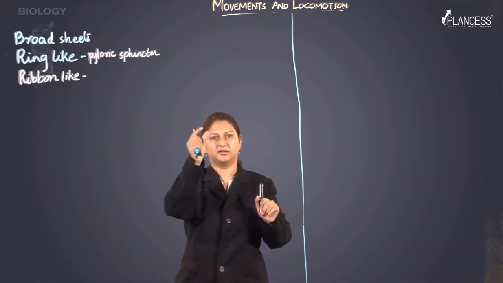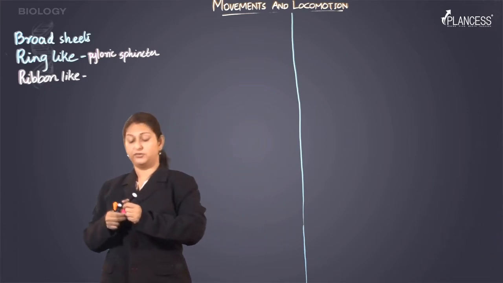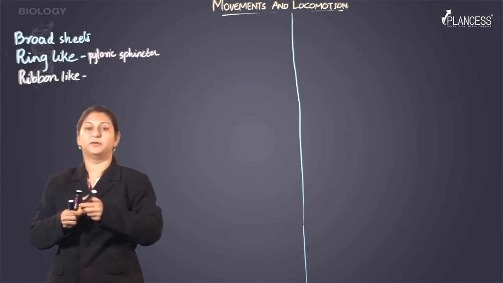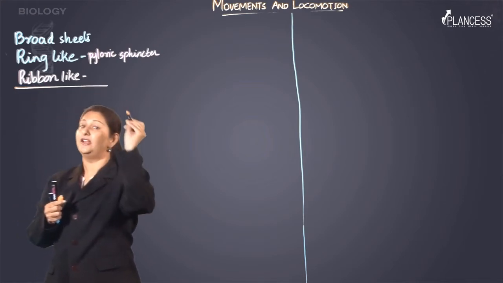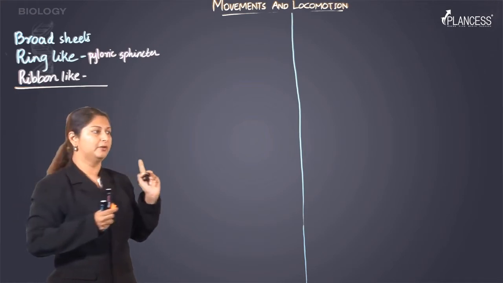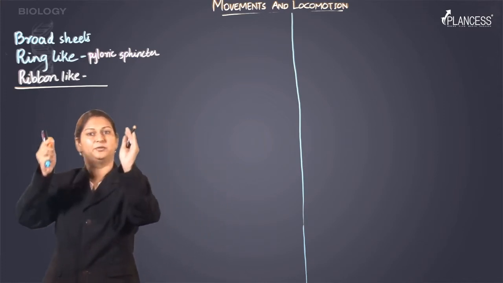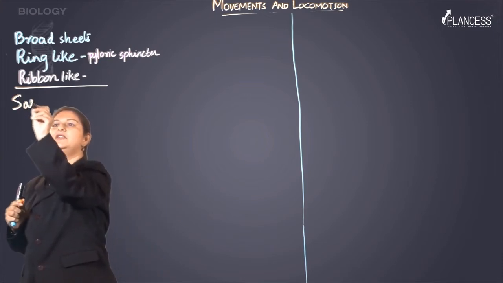The storehouse of those chemicals is found in the endoplasmic reticulum of the muscle cells, and we need to understand that endoplasmic reticulum is a common term.